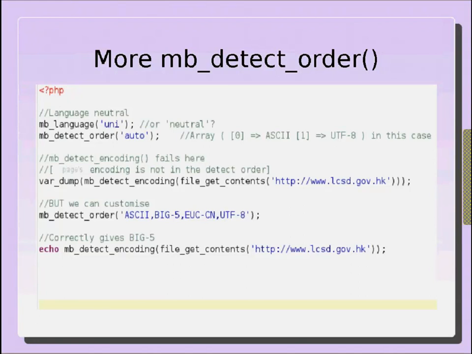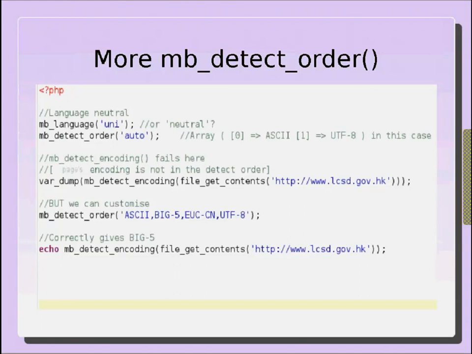So we need to have a sensible detect order. It's possibly a little bit not intuitive, but we need to know what kind of character sets we're expecting before we try to detect them.